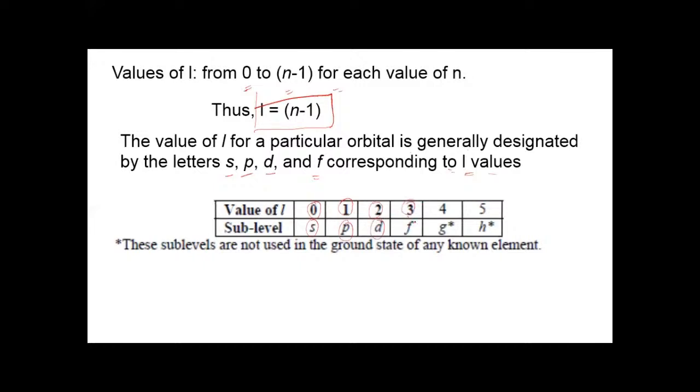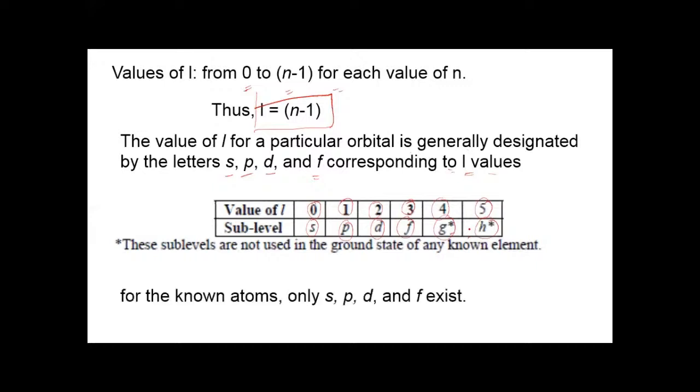If value of l is 4, then subshell is g. If value of l is 5, then subshell is h. g and h subshells are not used in the ground state of any known element.